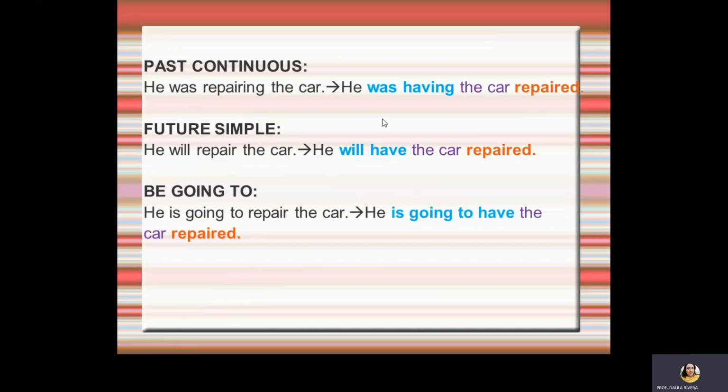For example, you may also have, he will get the car repaired. It's possible also. Here we have just the example with have, but it's possible with get. With be going to, he's going to repair the car. He's going to have the car repaired, or he's going to get the car repaired.